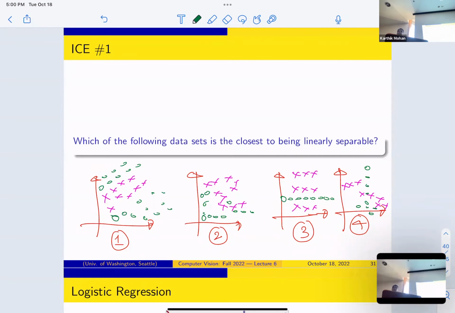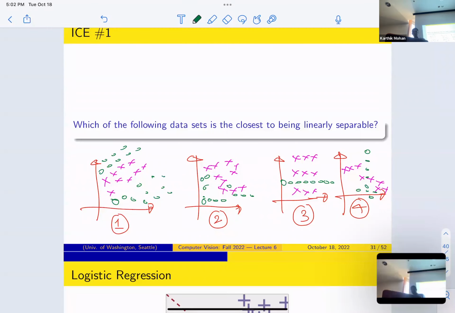Is any of them completely linearly separable? The question is which is closest to being linearly separable. Okay, so what's your answer?